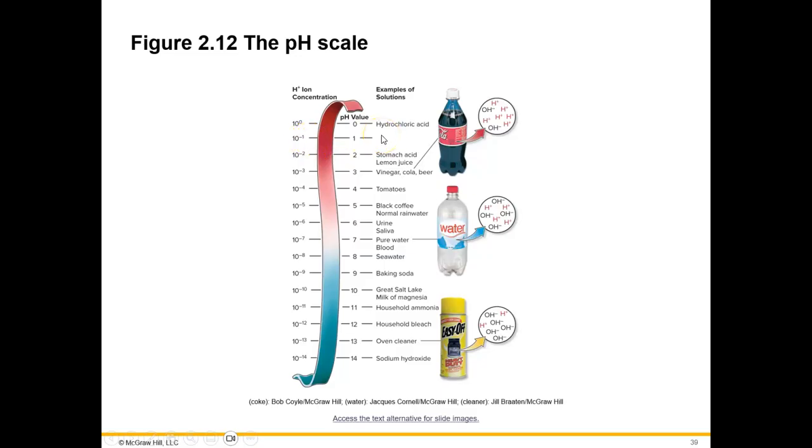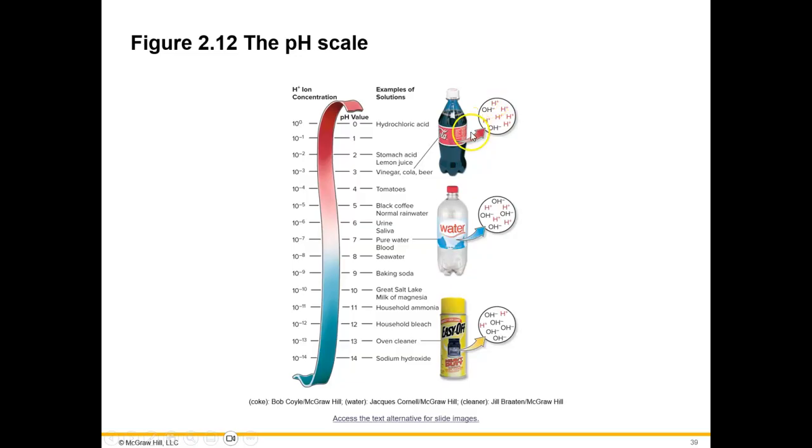So, when we look at this pH scale, ask yourself, do you know which side means more acidic? Is it 14? Is it 0? If your answer was 0, you're correct. This side is the acidic side of our pH scale, everything under 7, because that is representing our hydrogen ion concentration.